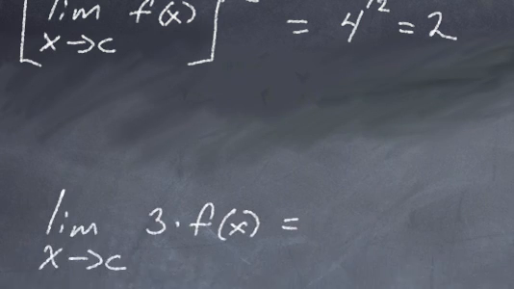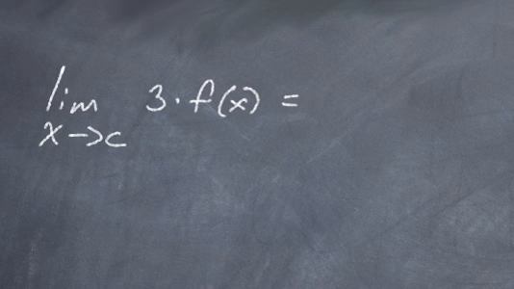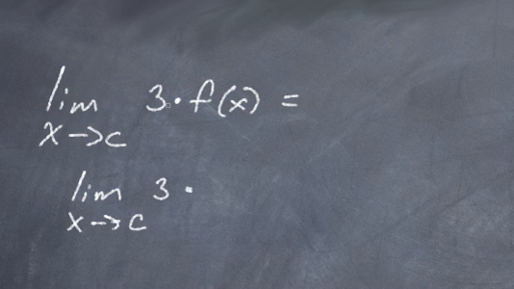Okay, let's look at another one here. So this one can actually be broken up because of multiplication. So these are the properties here of limits.